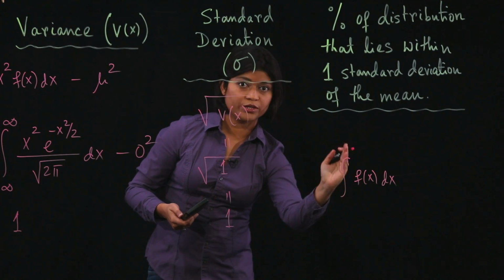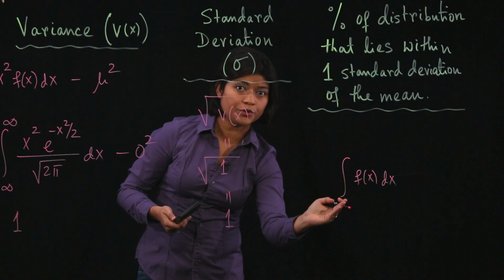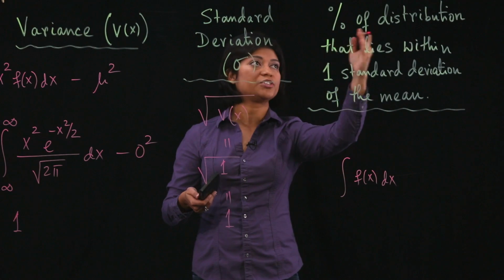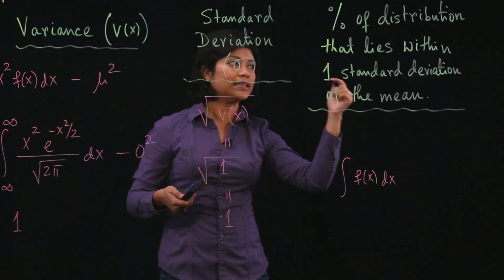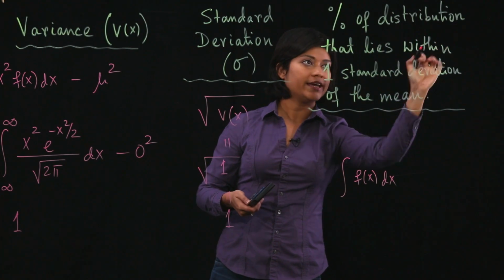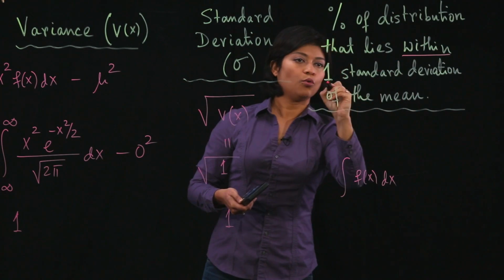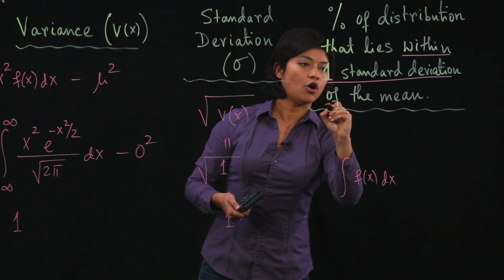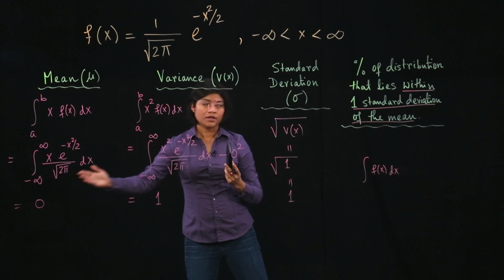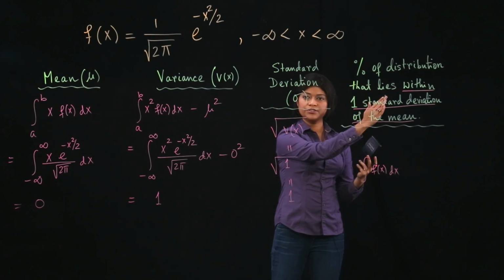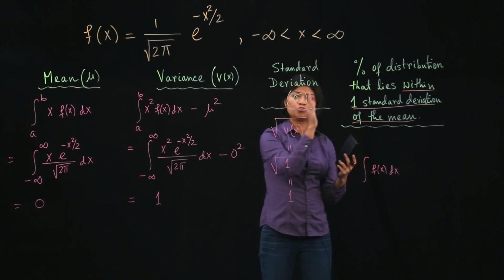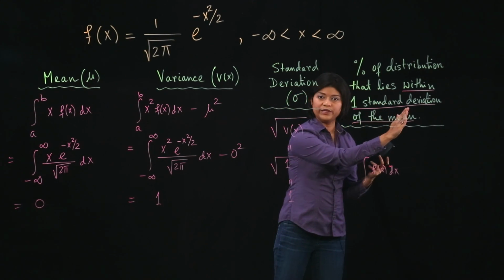Now here is what you have to be careful about. How do you compute those bounds? Between which two values are you computing the percent of distribution? Look, the answer is right here. So read it carefully. You have to find the percent within one standard deviation of the mean. So the mean is 0, and you have to compute the percent of distribution one standard deviation to the left of mean to one standard deviation to the right of mean.